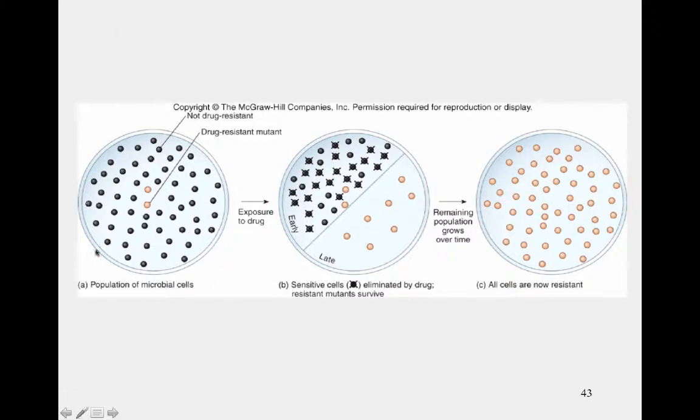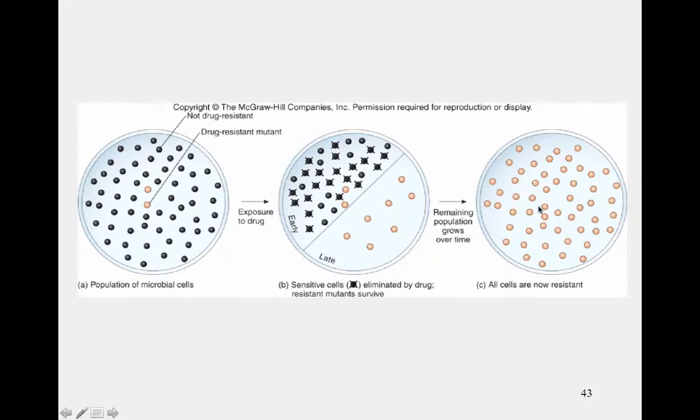So if you start off with a population of microbial cells, the majority being not drug resistant, but a couple that are drug resistant, when you expose those cells to a specific antibiotic, for example, if the individual does not take the whole prescription of that antibiotic, the course of the antibiotic, or some of these cells are already there, what happens is all of the not drug resistant cells will be killed off, and you'll have the drug resistant ones that will prevail.